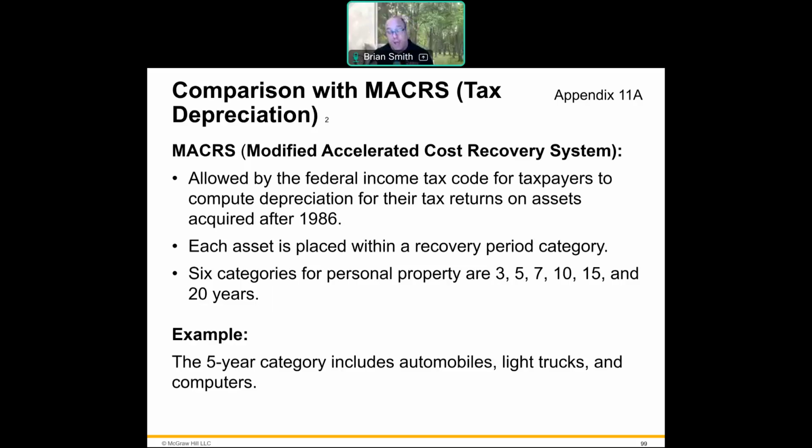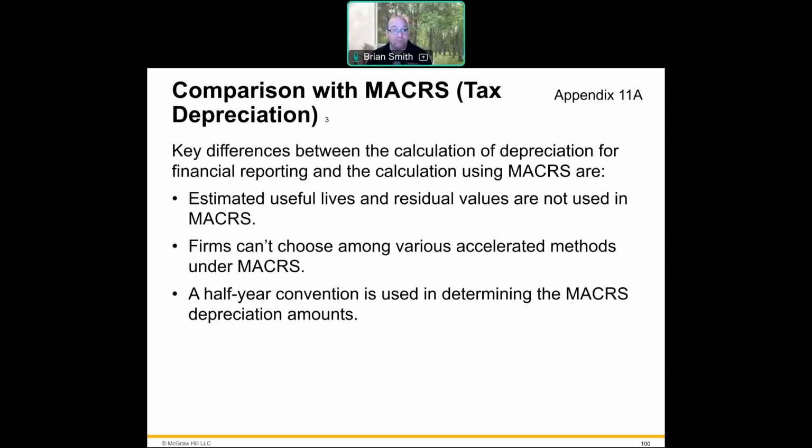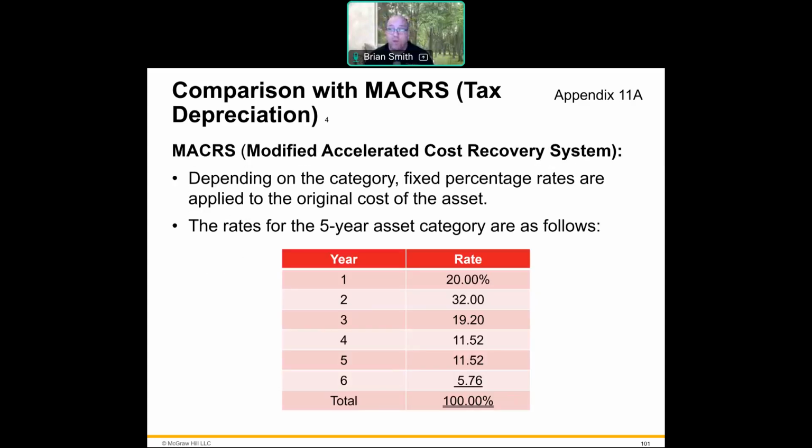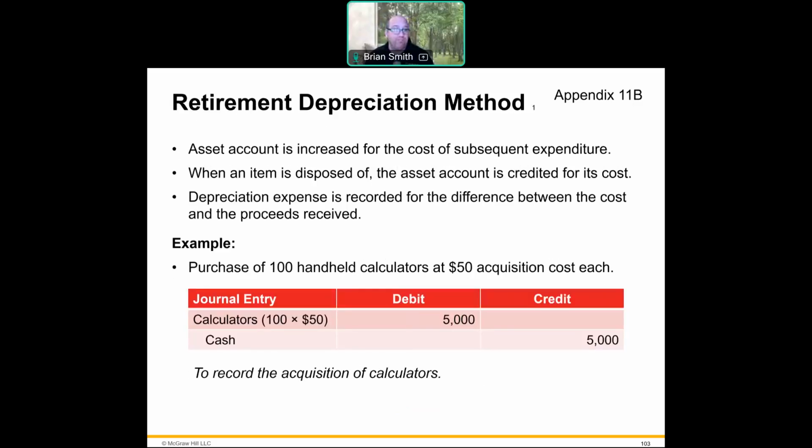I have helped some people with their taxes in the past, after I was a CPA, and we used MACRS to accelerate their depreciation for tax purposes, so it worked out for them. I don't have any questions on it, so don't worry about MACRS. I don't even want to go into that.